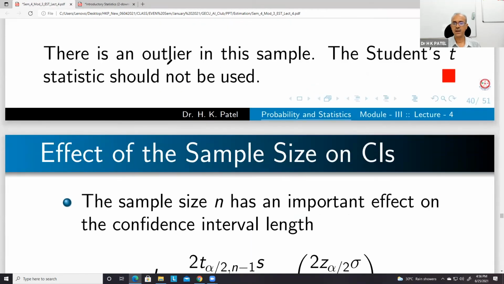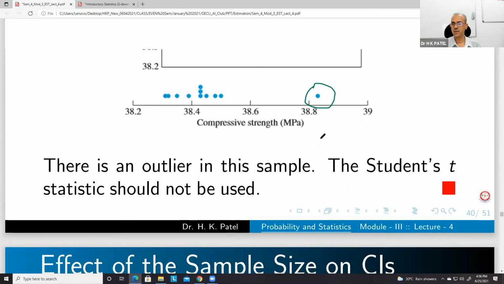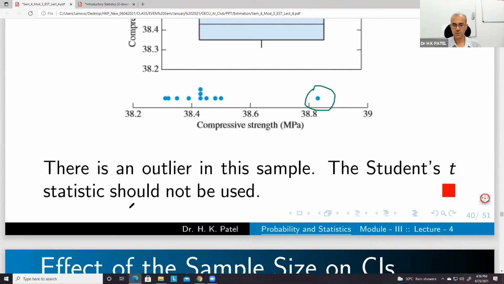There is an outlier in this sample, and therefore it is advisable not to use the t statistic to find the confidence interval here. If you still want to use it, we can leave this outlier out, and then construct the confidence interval. In this way we can find the confidence interval.